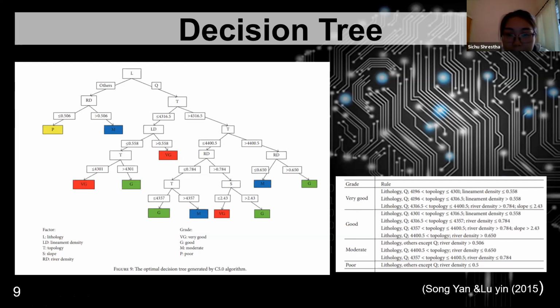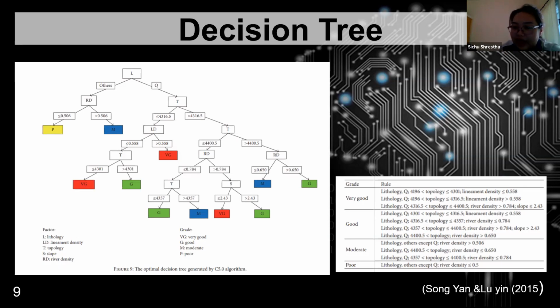I think it is from the rule, from the table on the right. The numbers come from the literature review.